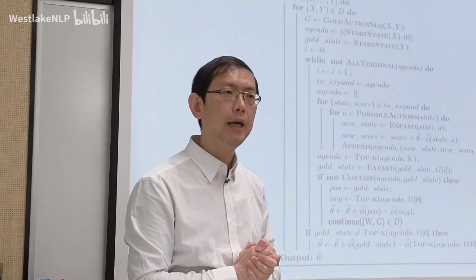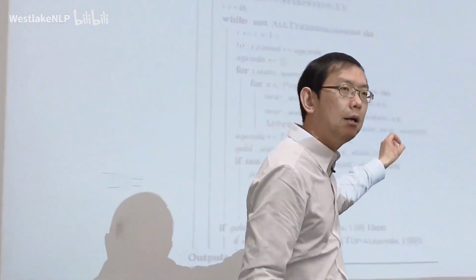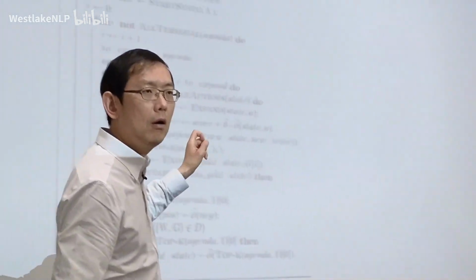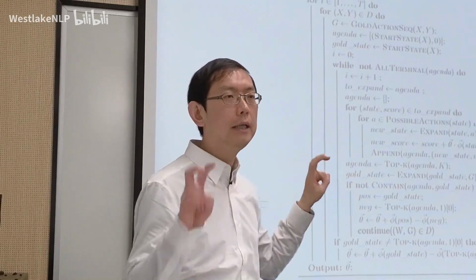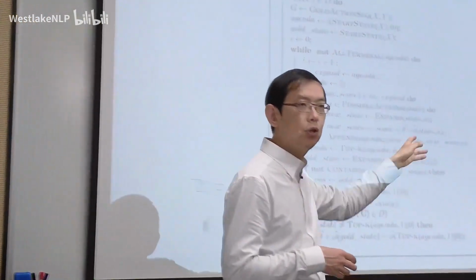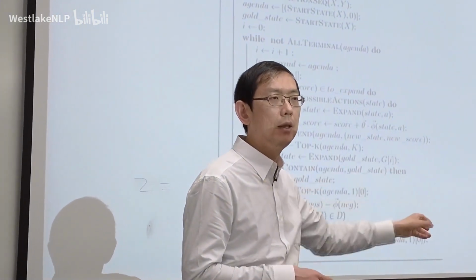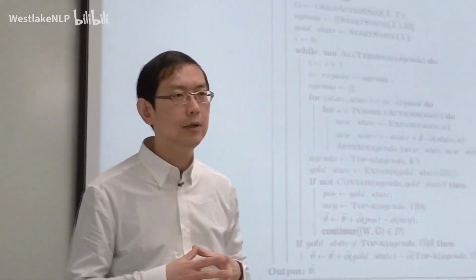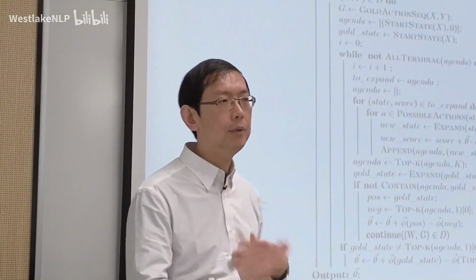To differentiate the middle error and the final error, we call the perceptron update in the middle of the beam search early update. And we call the perceptron update if your search finishes without losing the gold sequence, the final update, okay? So in this perceptron algorithm, you have two update methods.